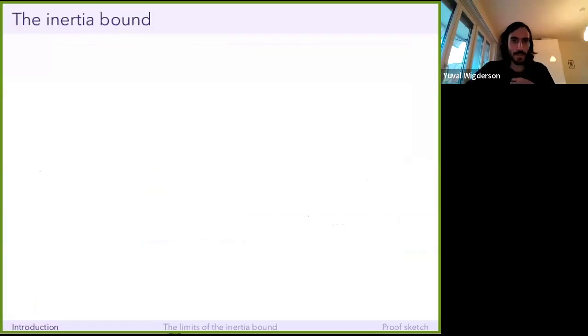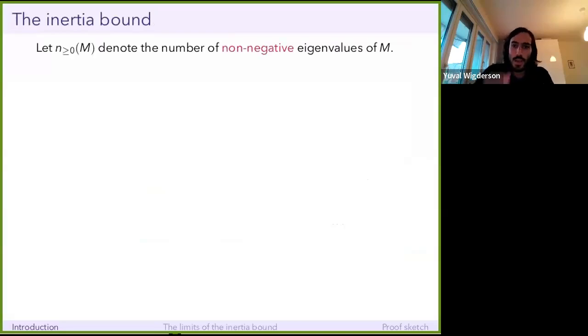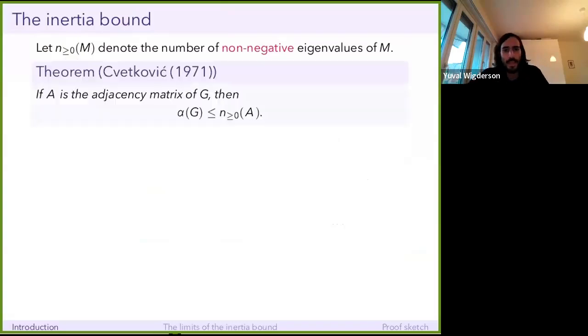Right. So now I want to introduce the inertia bound, which is in some ways similar and in some ways rather different. Some notation: I'll denote by n greater than or equal to zero the number of non-negative eigenvalues of a matrix. The inertia bound says that for any graph, its independence number is at most the number of non-negative eigenvalues of its adjacency matrix.